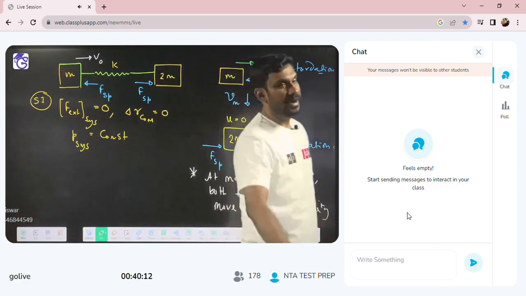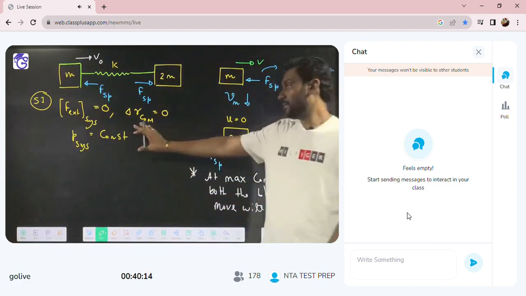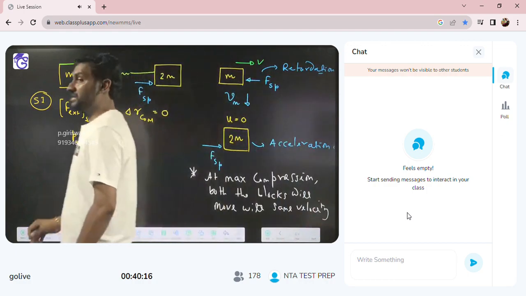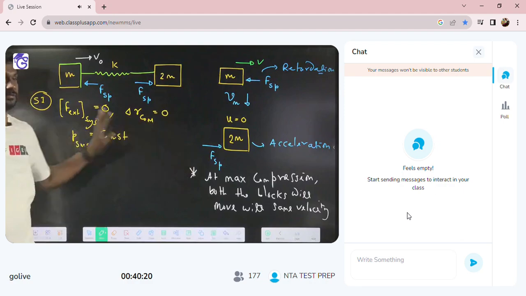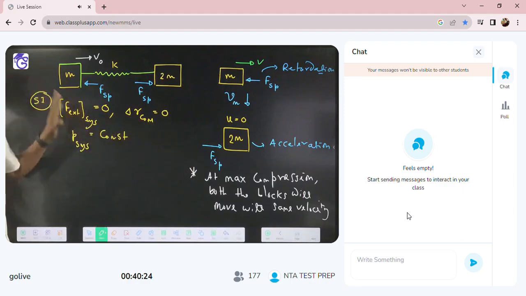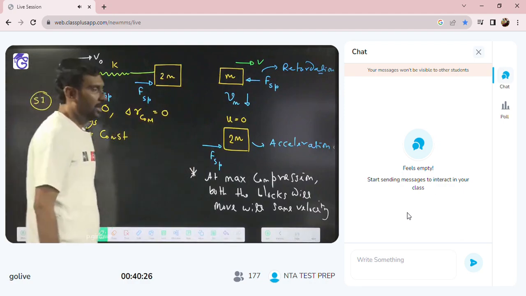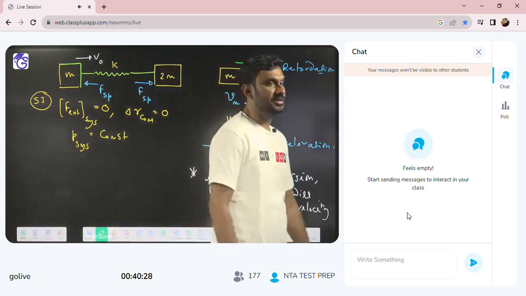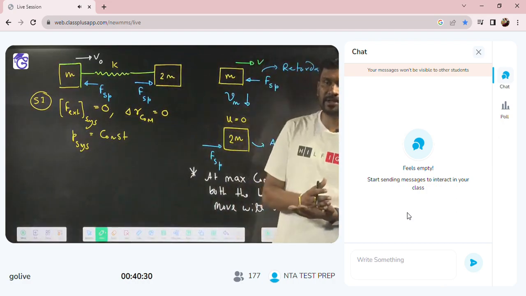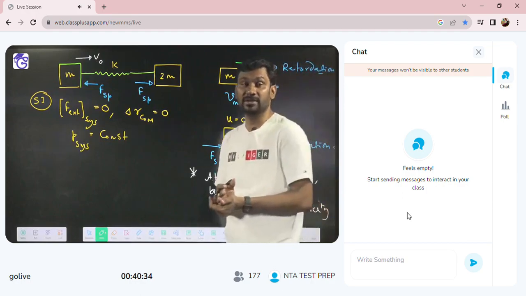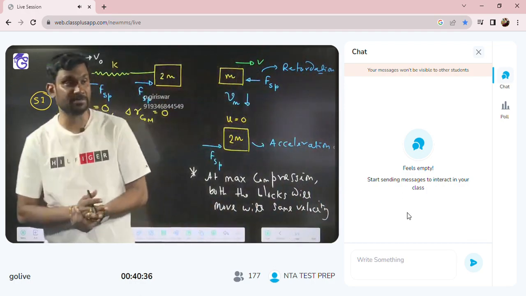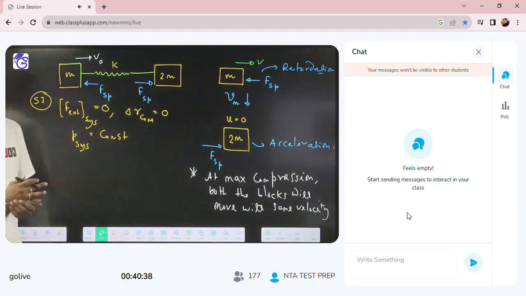Boys and girls, my dear friends, respond first. I have noted 3 concepts that we are getting from this understanding. Are you in agreement with this? Any doubt here? I am saying external force acting on the system is equal to 0. So shift in center of mass has to be 0, and the linear momentum of the system has to be conserved.